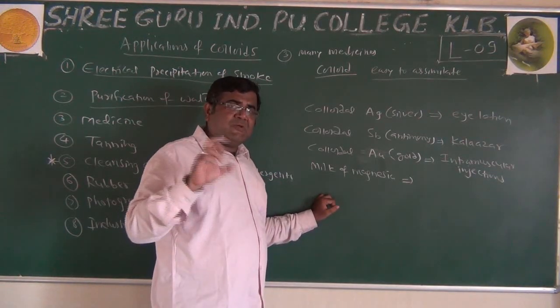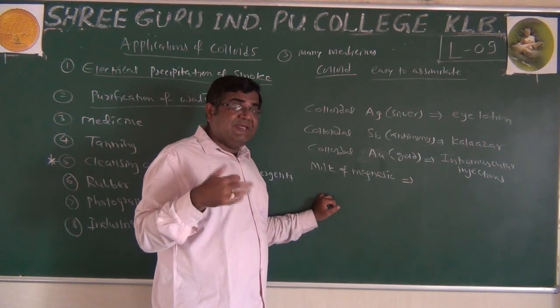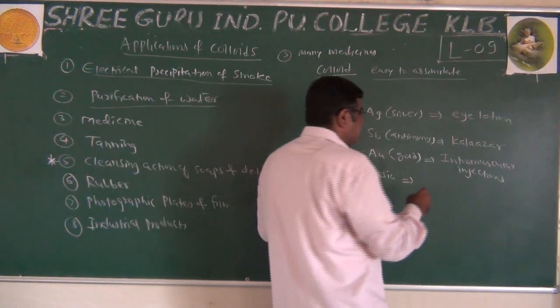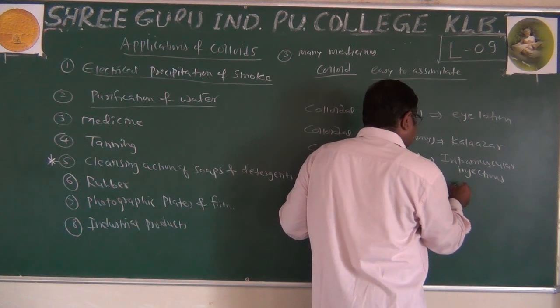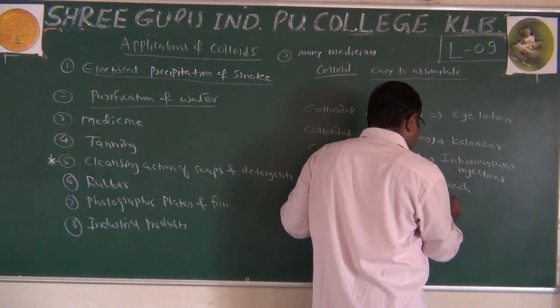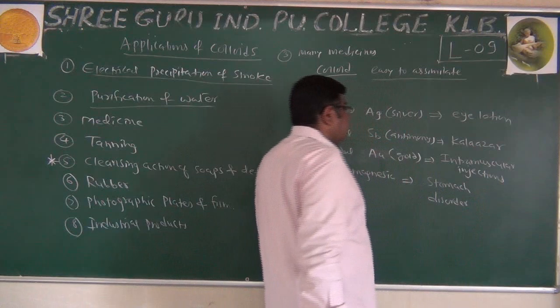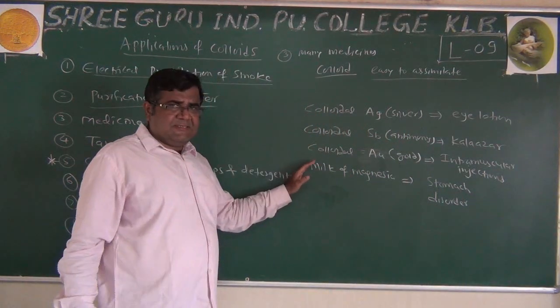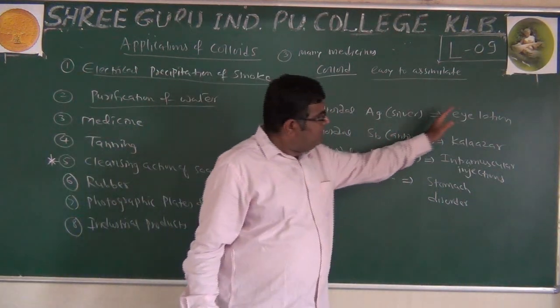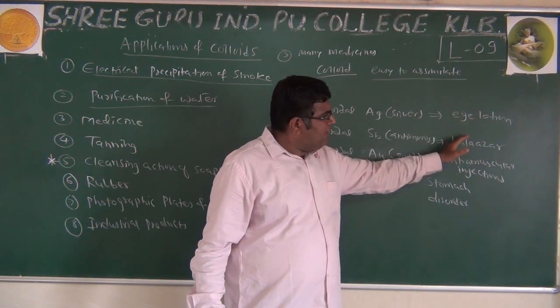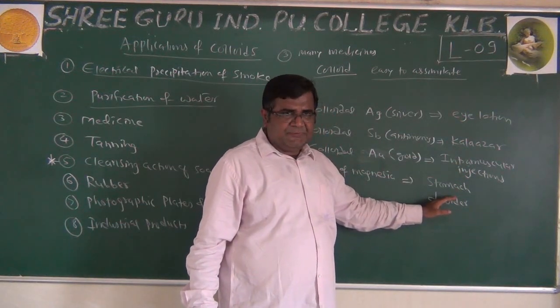That's why we have to shake and take when extreme acidity is there. It is used in stomach disorders. So these are the 4 colloidal medicines and the areas where they can be applied.